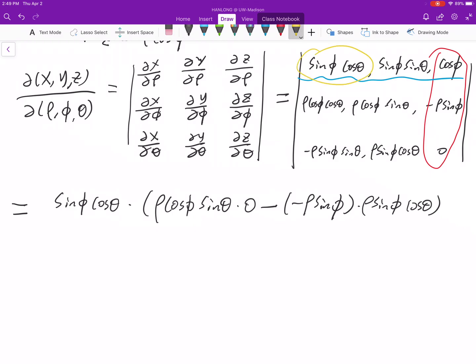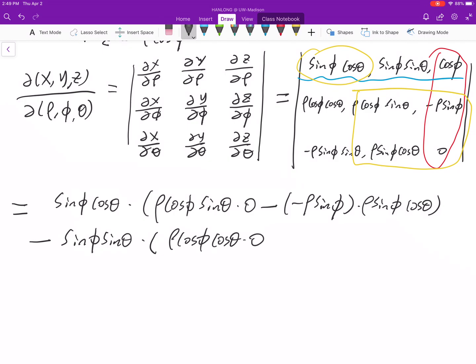Similarly for the second one, you have negative sine phi sine theta times (rho cosine phi cosine theta times 0 minus negative rho sine phi times negative rho sine phi sine theta).